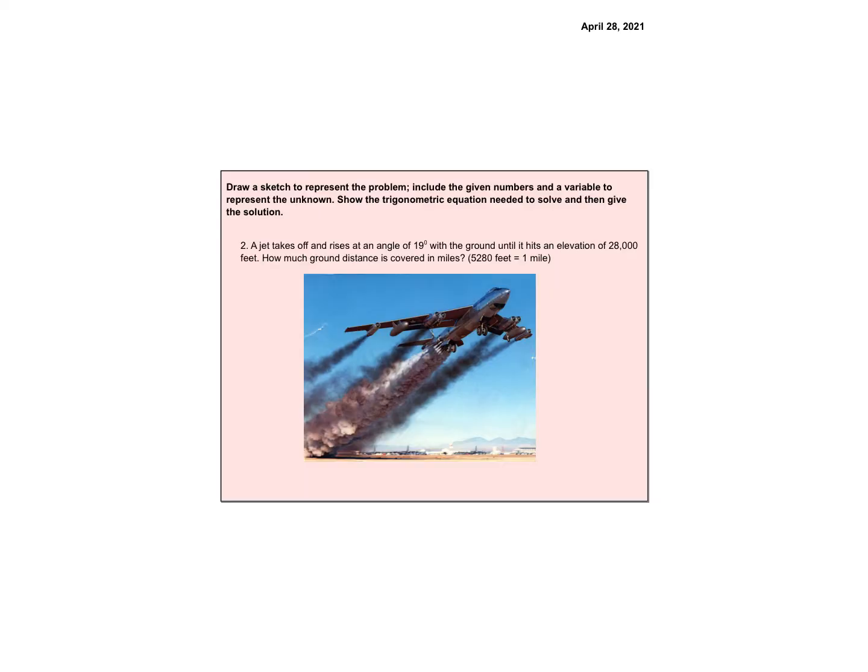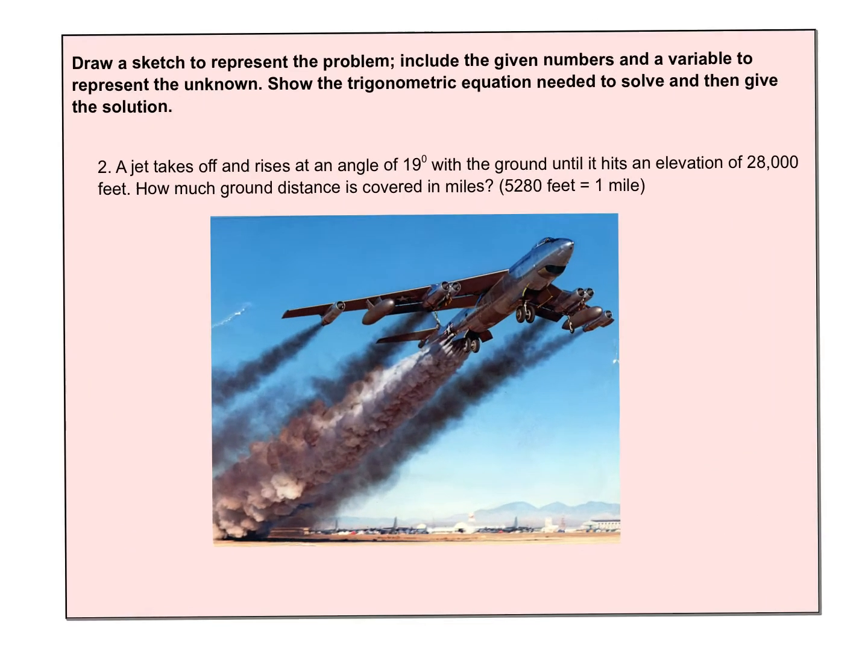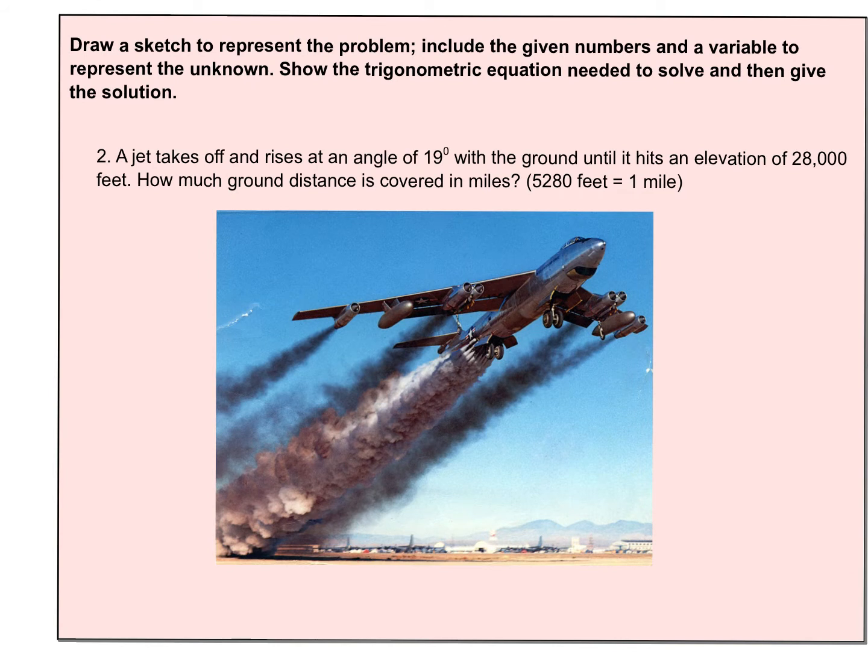Now if we look, a jet takes off and rises at an angle of 19 degrees with the ground until it hits an elevation of 28,000 feet. How much ground distance is covered in miles? If we consider that it took off here, it's going to stay at that angle until it gets to 28,000 feet.